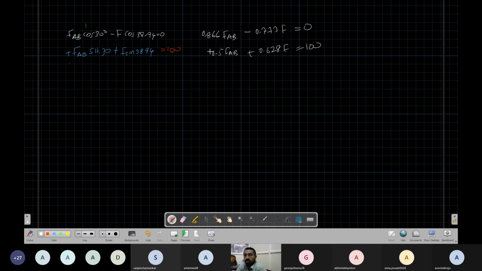How do you solve this? Okay, so multiply this by 0.628 and multiply this by 0.777. Then you add the two. Here the 0.628 is multiplied with a minus sign, and there the 0.628 with a plus. This will come the same, then this will cancel out.